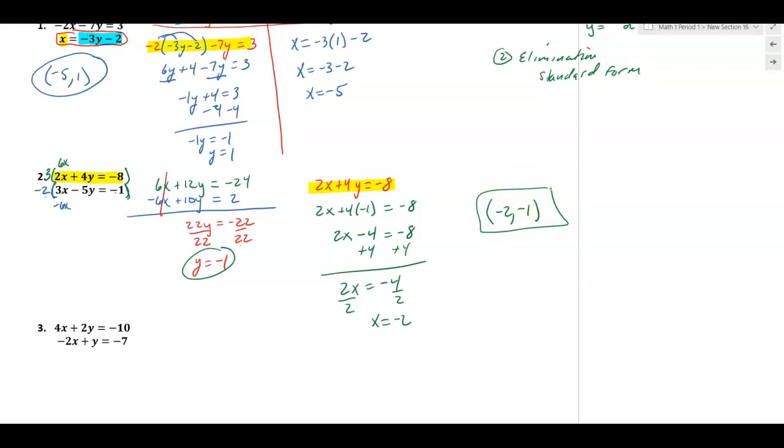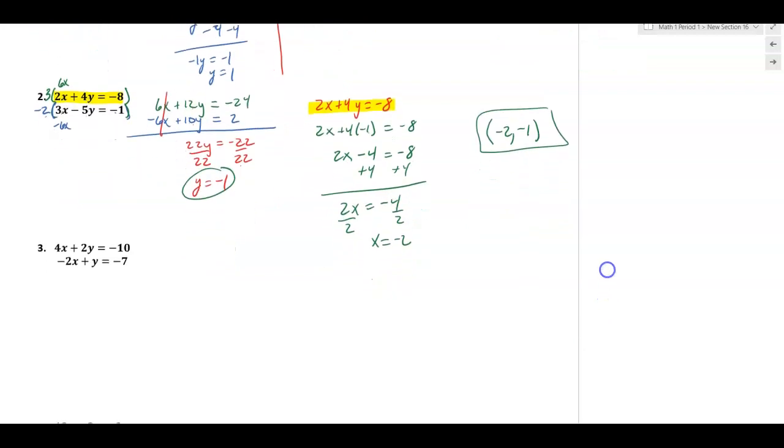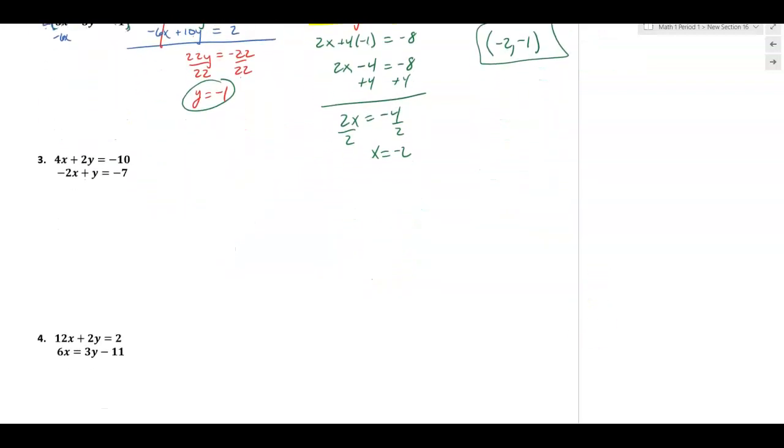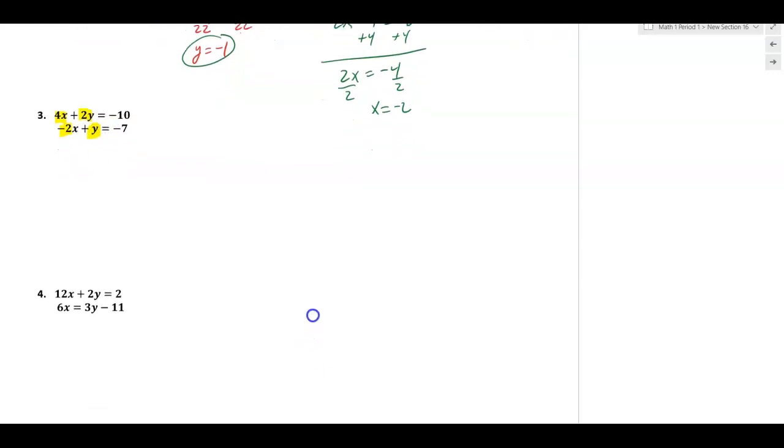So this gives you an idea of when to use substitution and when to use elimination. There is a time for each one, right? Just to give you an example, number 3, because both of them are in standard form, you could use elimination, or you could solve for y in the second equation and use substitution.